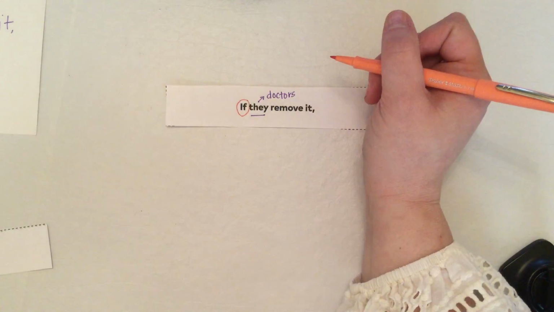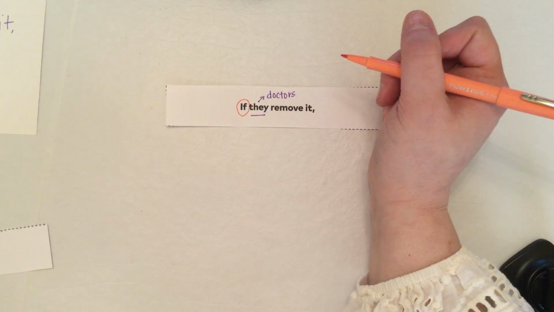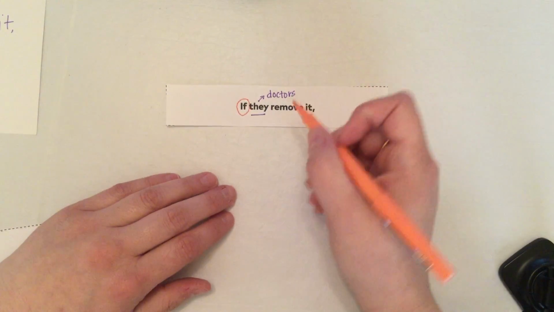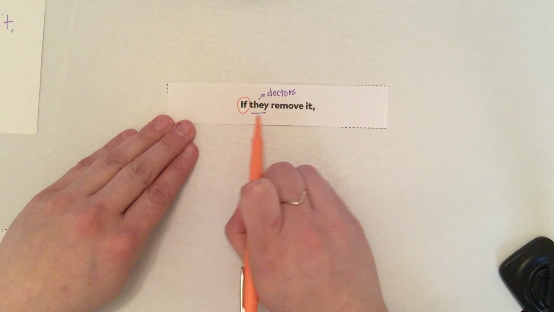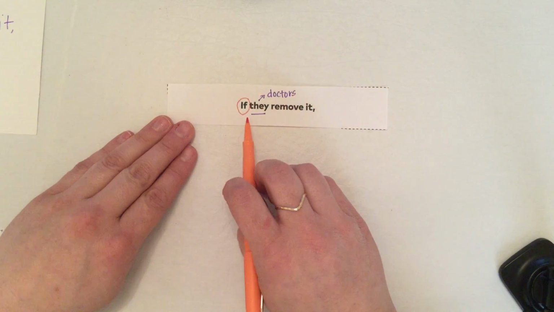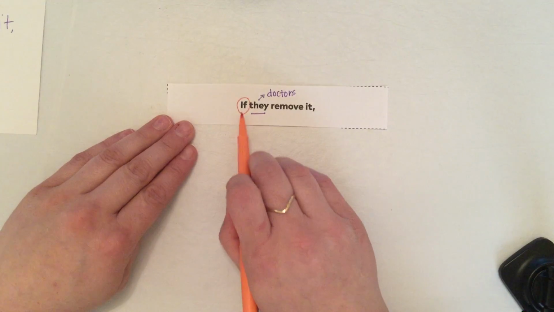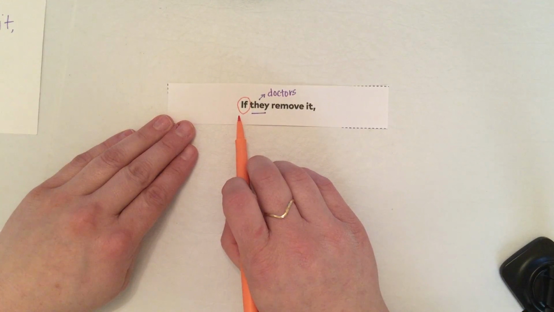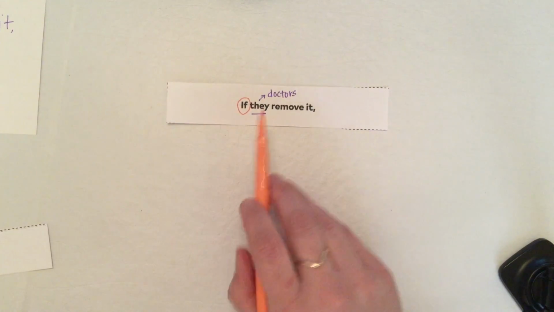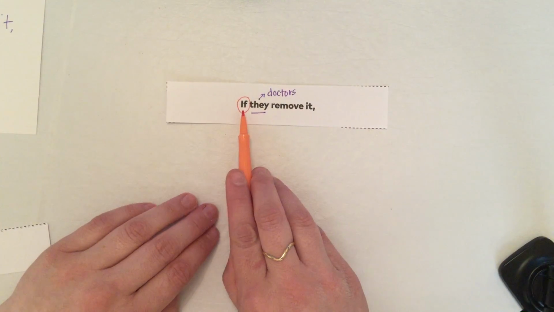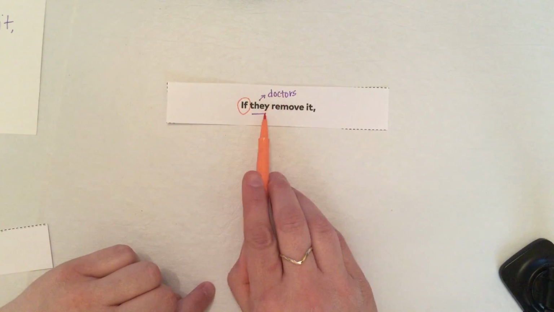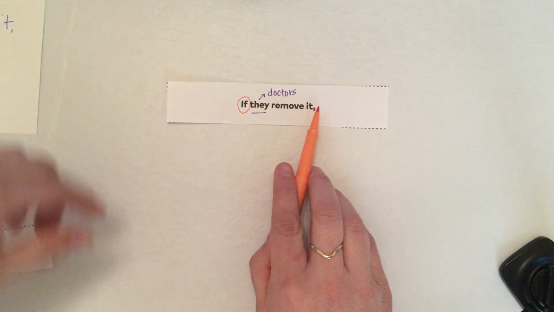So it signals that next we will learn about what removing the eye will cause to happen. So specifically to Maggie, if they remove the eye, we're going to talk about what happens if they do remove it. So if is used to signal something that might happen. Okay, so if they remove it, if signals what might happen, they is the doctors. The doctors are going to be the ones to remove it.